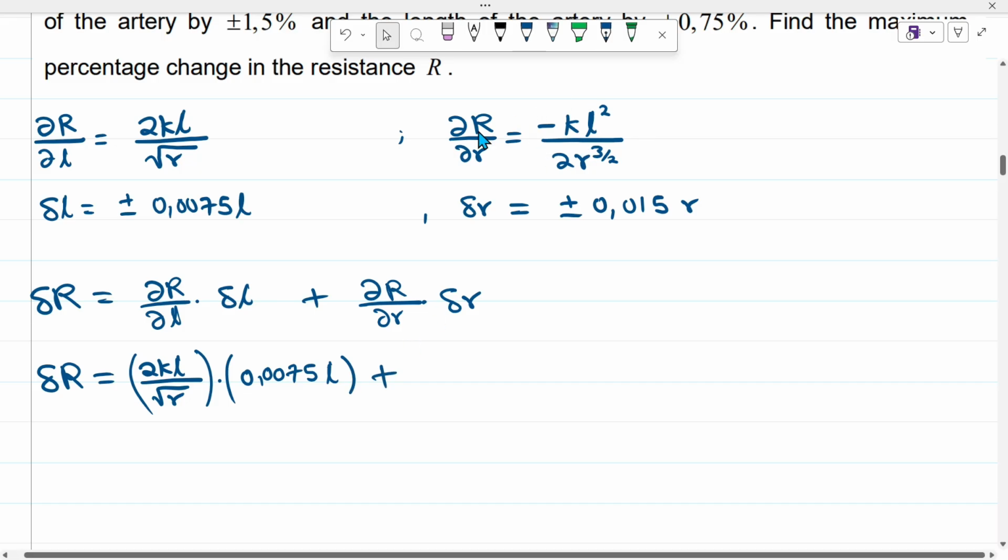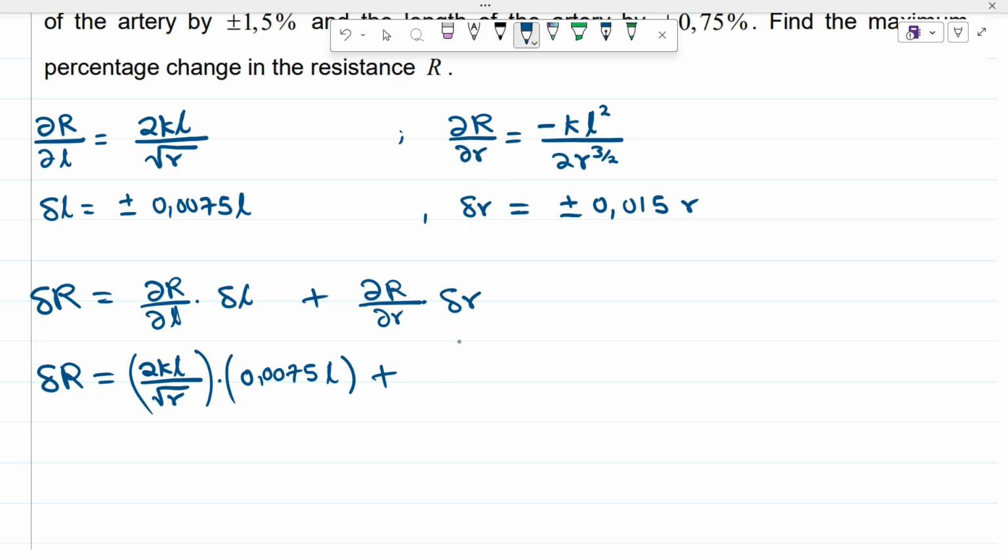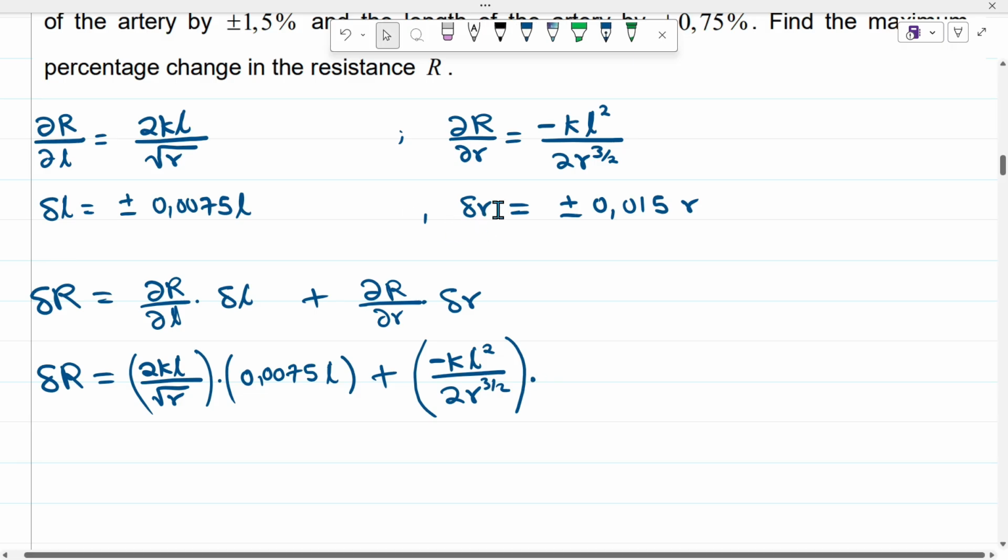So the other one, the partial derivative of R with respect to small r, is going to be equivalent to negative k L squared divided by 2r to the power 3 over 2, just like this. And then we multiply by the small change, or percentage change in R, I mean.